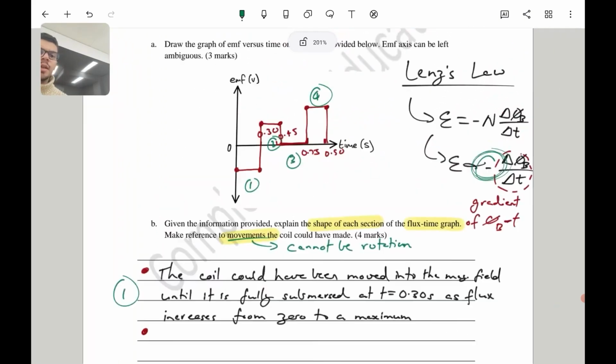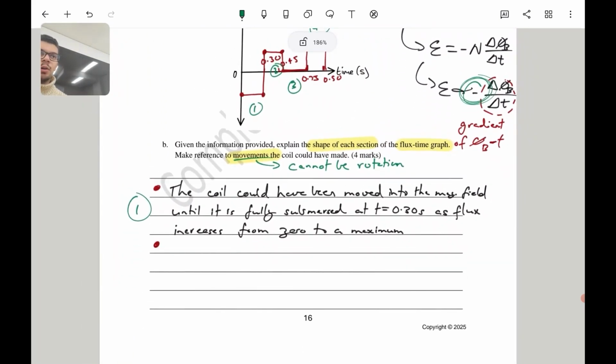And afterwards, it could have been moved out. Okay.